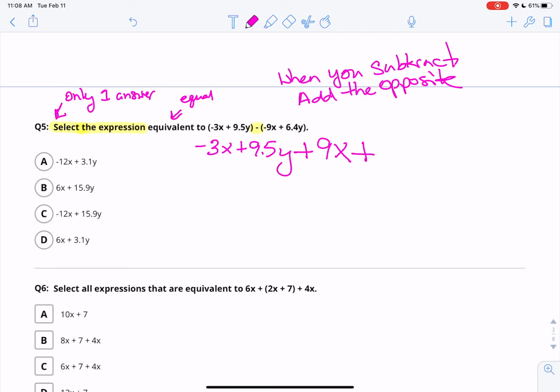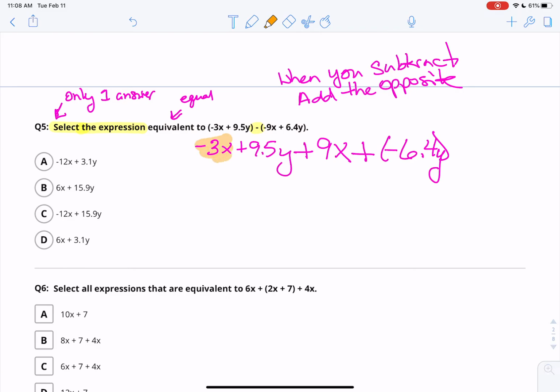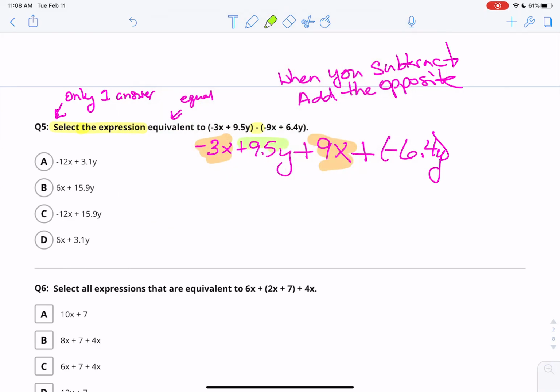Plus, the opposite of a positive 6.4y is going to be a negative 6.4y. Okay? And now we're going to combine like terms. Remember, x's go with x's and y's go with y's, okay? You can't add an x or a y together because they're different variables.